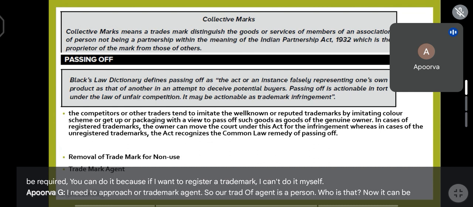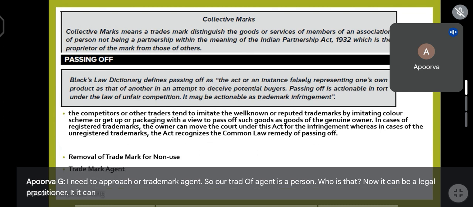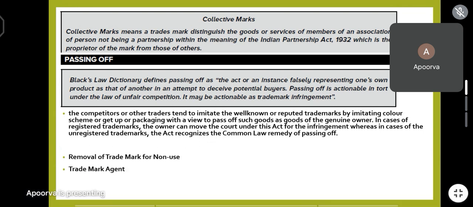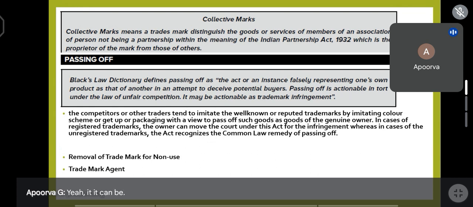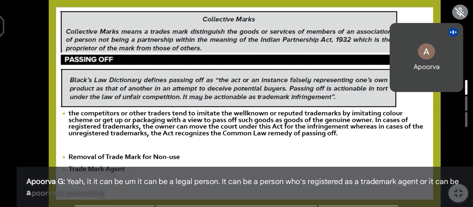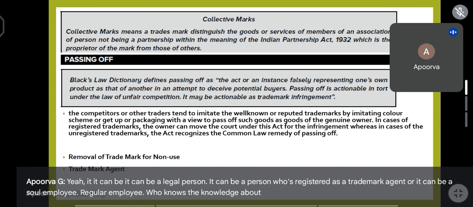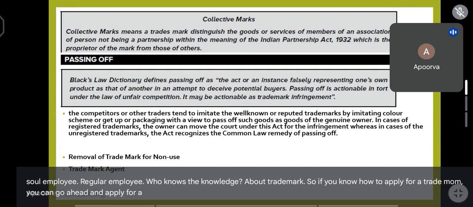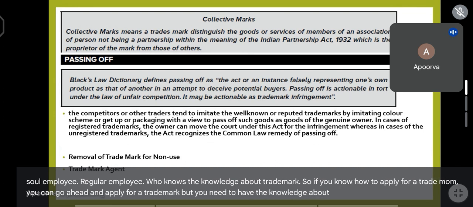Now it can be a legal practitioner, it can be a legal person, it can be a person who is registered as a trademark agent, or it can be a sole employee, a regular employee who has knowledge about trademark. So if you know how to apply for a trademark, you can go ahead and apply, but you need to have the knowledge about how to apply for a trademark.